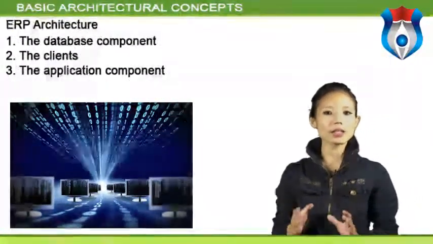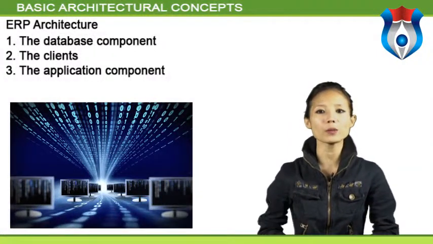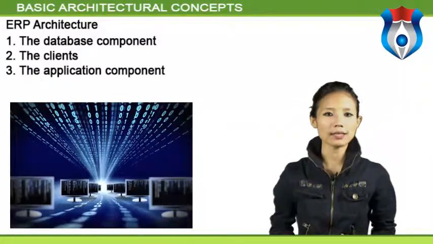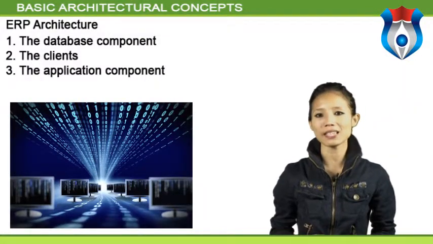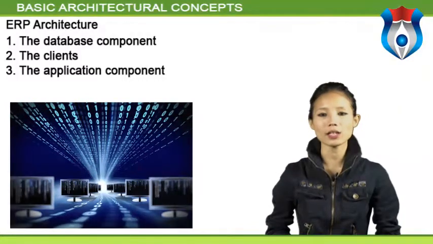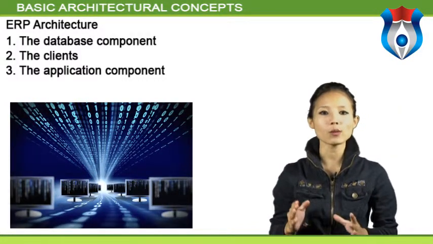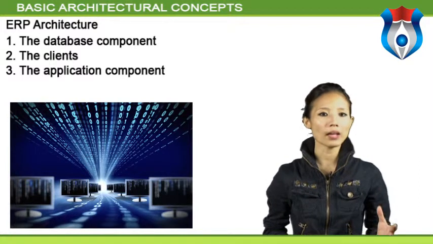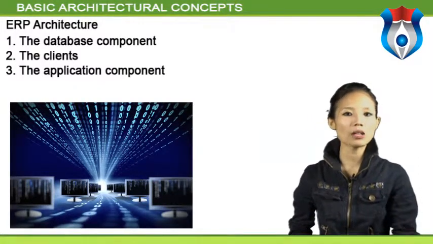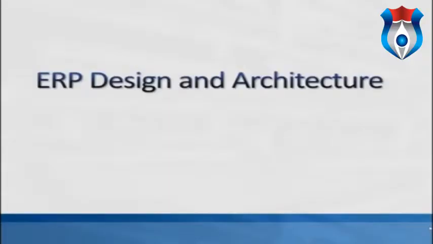First, there is a database component, the central repository for all of the data that is transferred to and from the clients. Then, of course, there are the clients, where raw data gets inputted, requests for information are submitted, and the data satisfying these requests is presented. Lastly, we have the application component that acts as the intermediary between the client and the database.